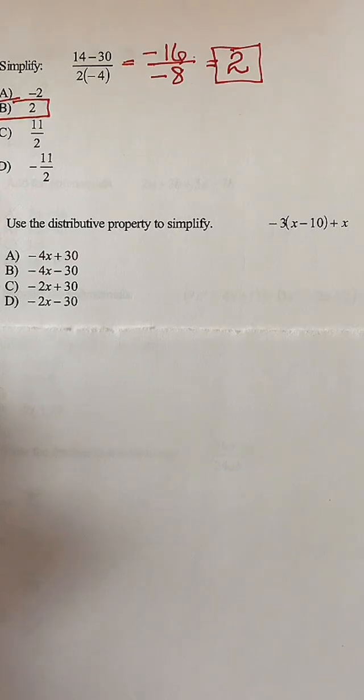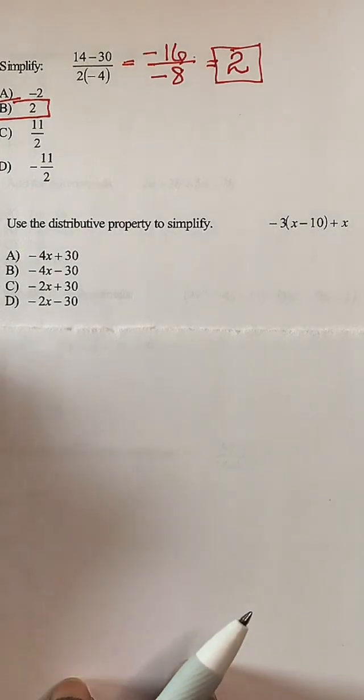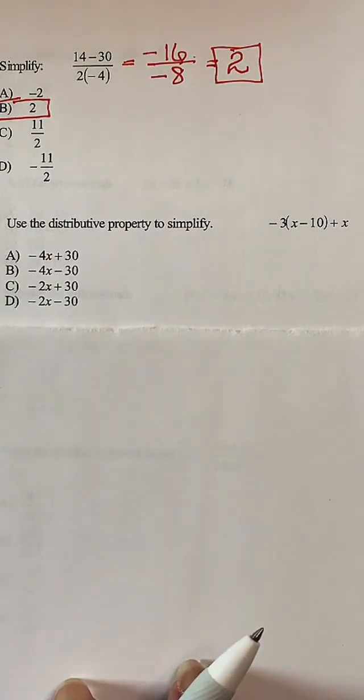It's negative 3 times the difference of x and 10 plus x. What would be my answer? Is it negative 4x plus 30, negative 4x minus 30, negative 2x plus 30, or negative 2x minus 30? There you go.